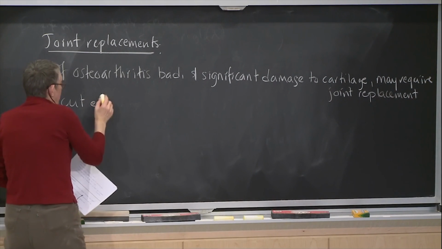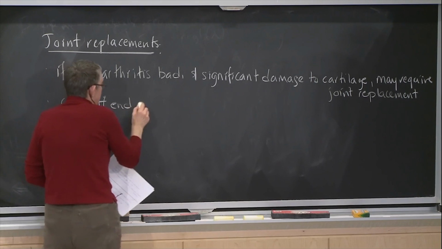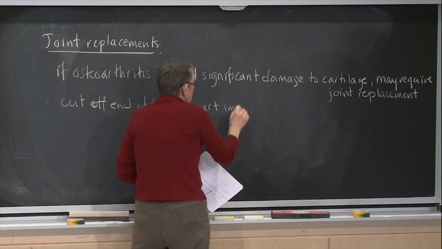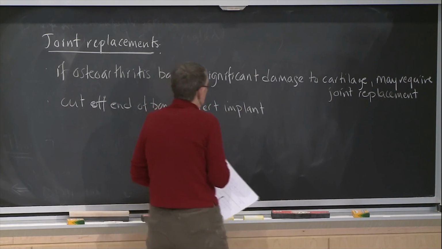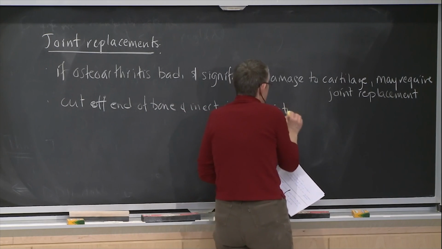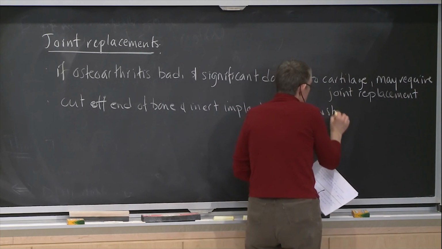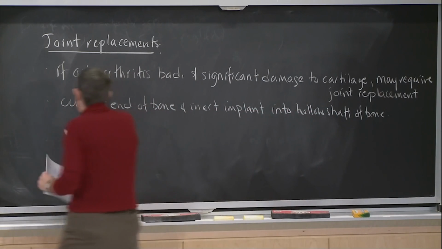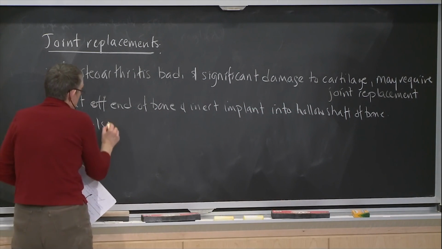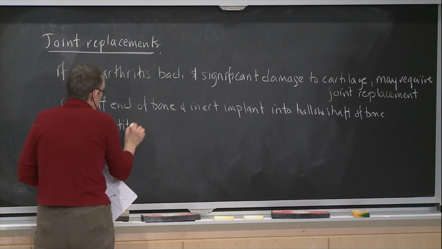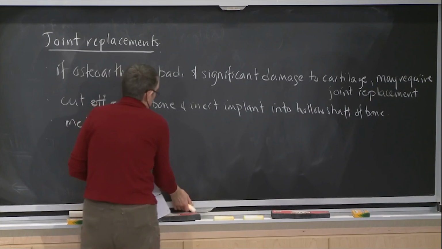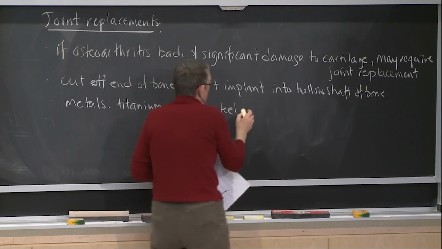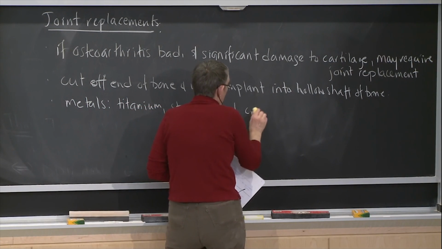So they cut off the end of the bone. And they insert the implant into the hollow shaft of the remaining bone. And the metals they use are titanium, stainless steel, and a chromium cobalt alloy.